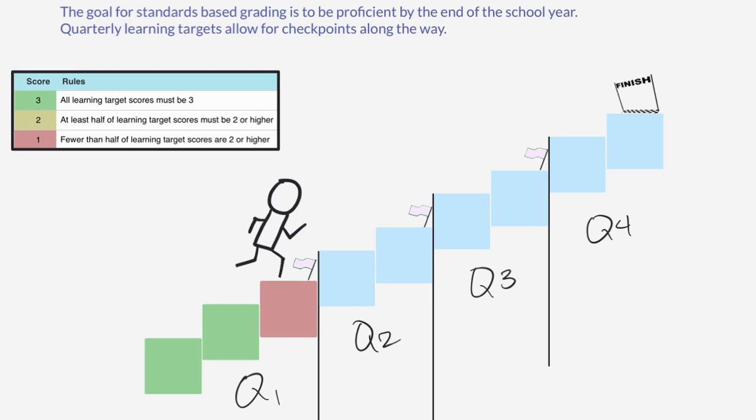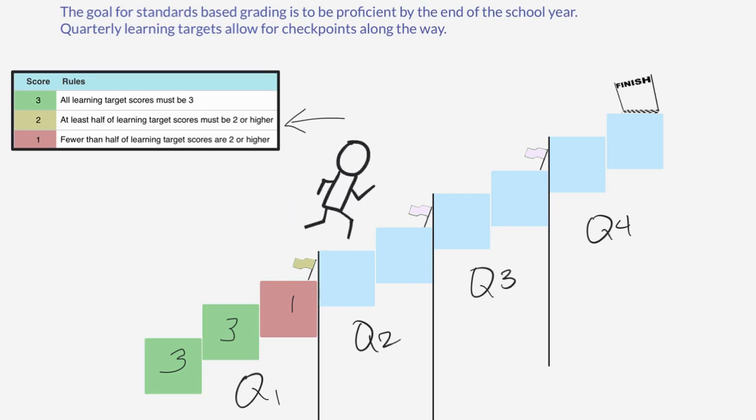You can now look at the calculation rules and see that of the 3 learning targets that are counting in this standard by the end of the first quarter, 2 of them are green and have received a 3. 1 of them, red, has received a 1. So 2 of the 3 are at least 2 or higher, and therefore on this standard on the report card, this student would receive a 2 at the end of the first quarter.